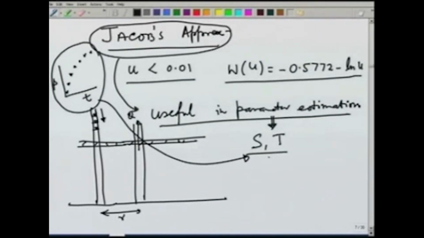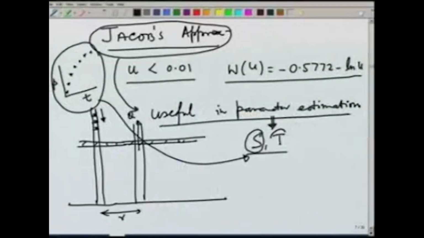So, that is what we will look at next, how to estimate or compute the values of storage coefficient and transmissivity from a given observed set of data for drawdown at a well which is located at a distance of r. Sometimes we may choose wells at different radial distances.